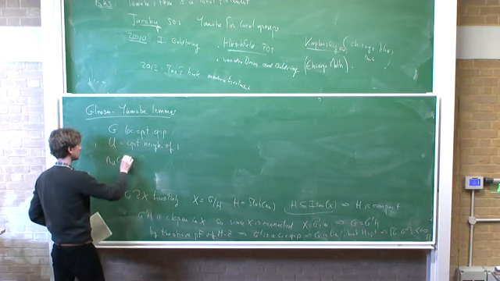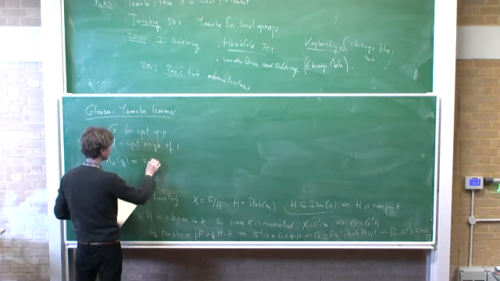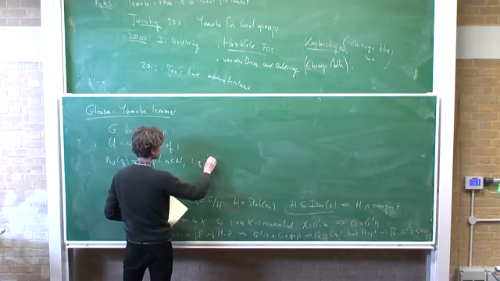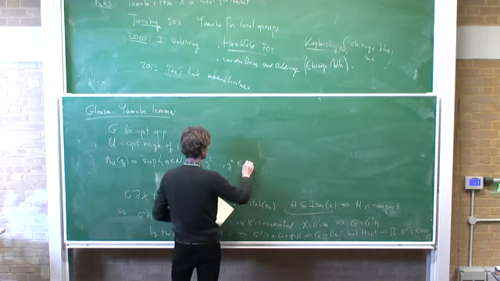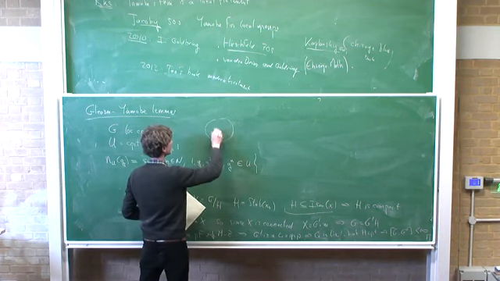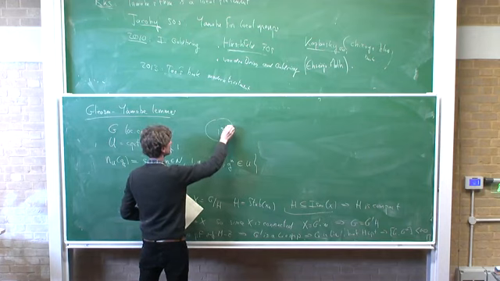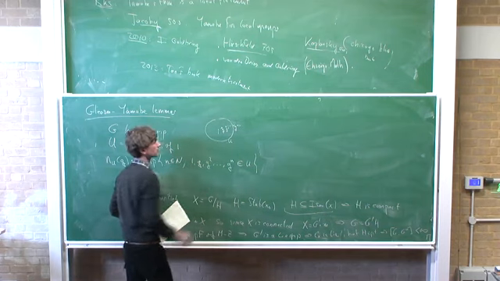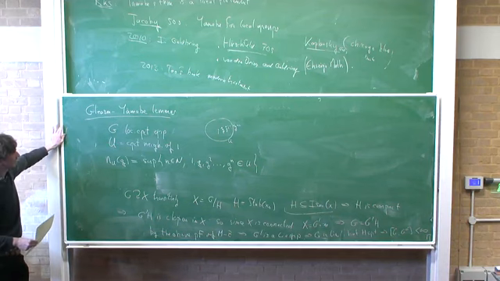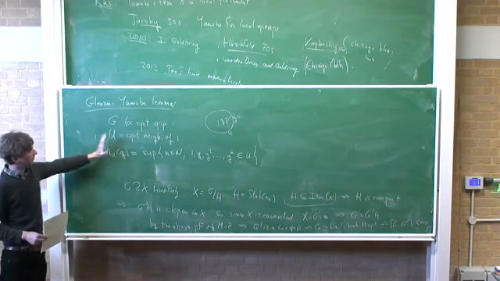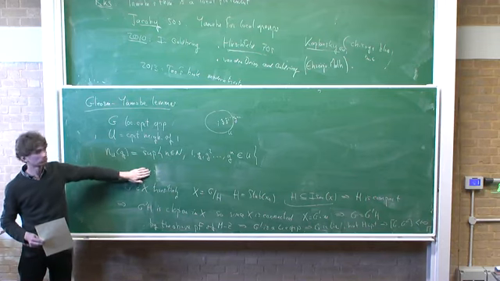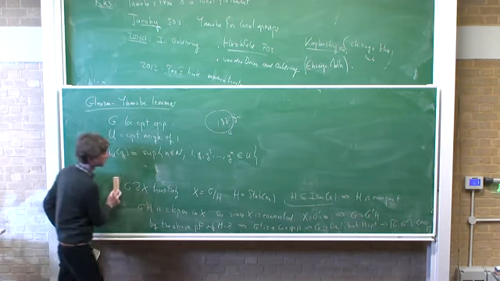N sub U of G is the largest integer N such that 1, G, G squared, up to G to the N all belong to U. So you have the identity here, you have some point G, and then you look at G squared, and you look at the first time you get out of U. So the proof of the Gleason-Yamabe theorem is really based on trying to understand that function.